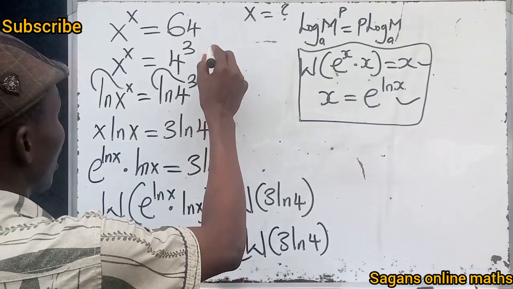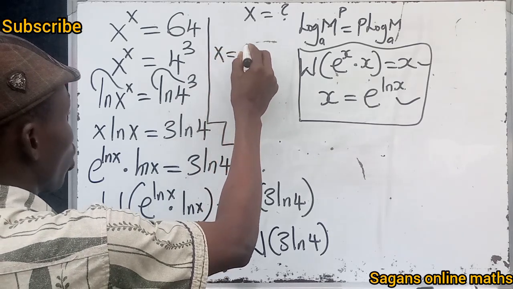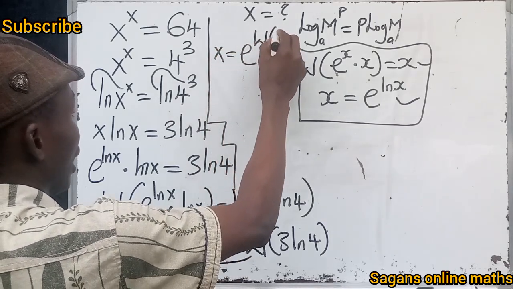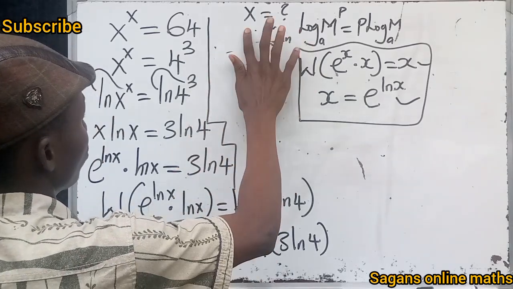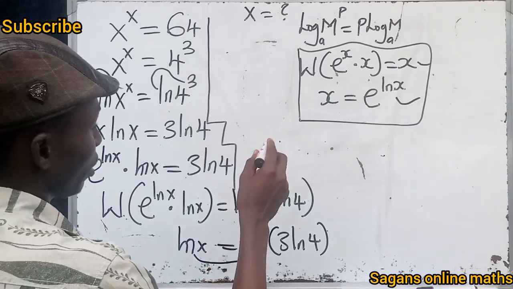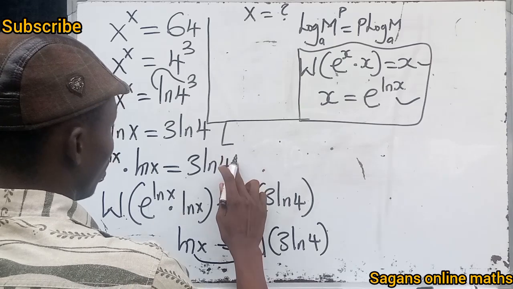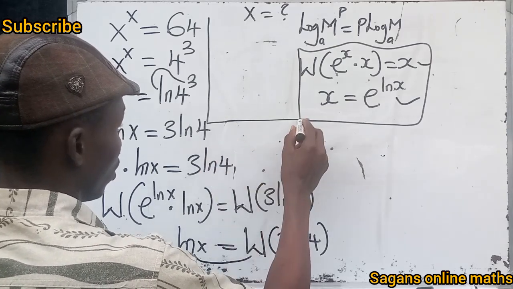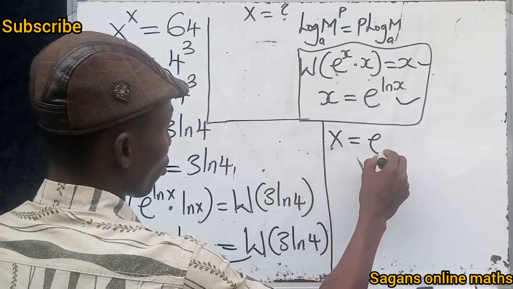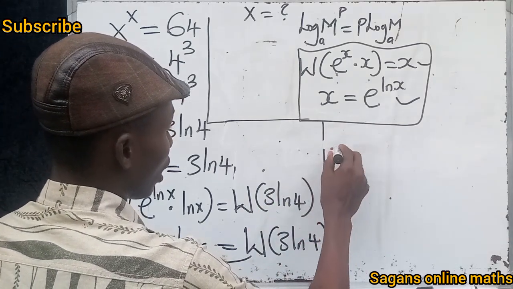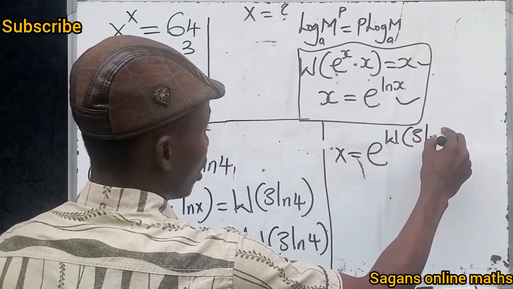That means x is equal to e raised to the power of the Lambert W function of 3 ln 4.